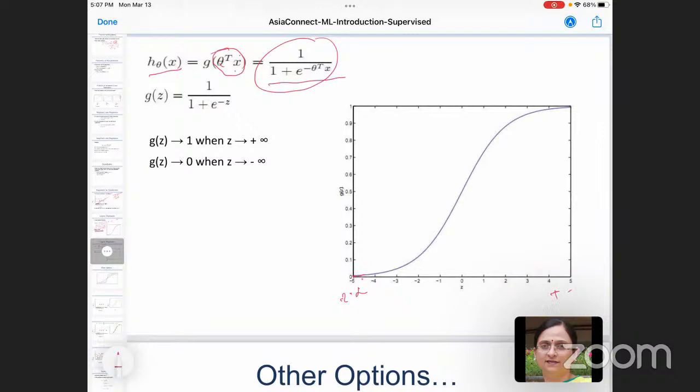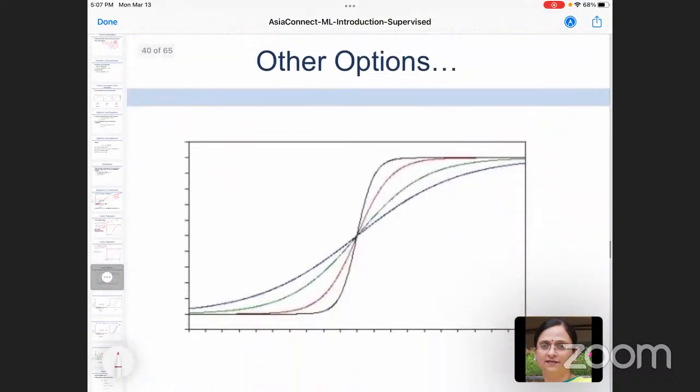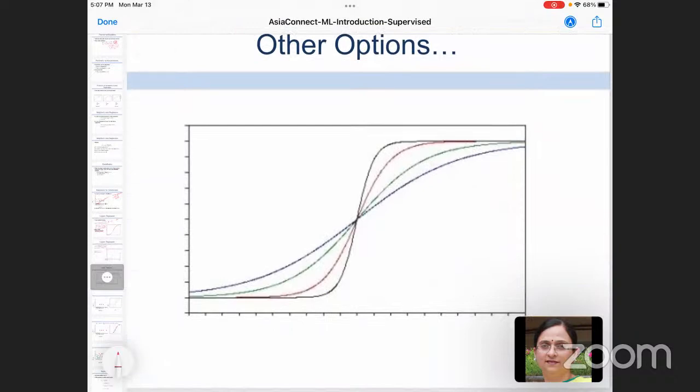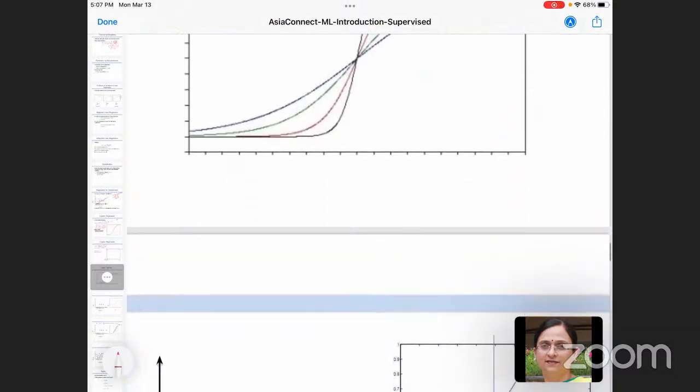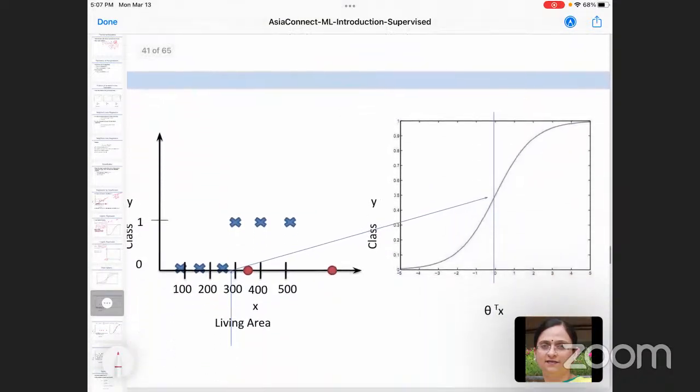If it is plus infinity, it is close to 1. It just approaches there, and it will never be greater than 1 or less than 0. This is the property of the sigmoid function. There are many other similar functions, which you will see in deep learning and other machine learning, but here in logistic regression we will use the logistic function.